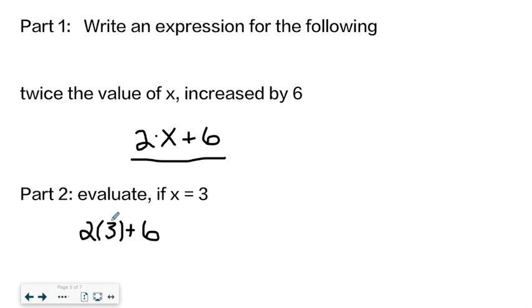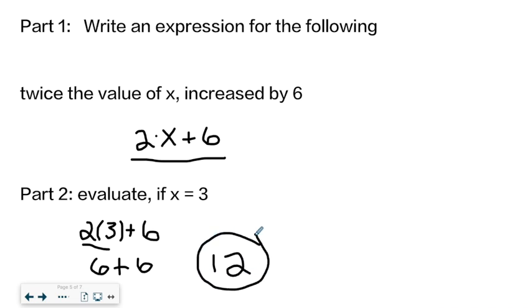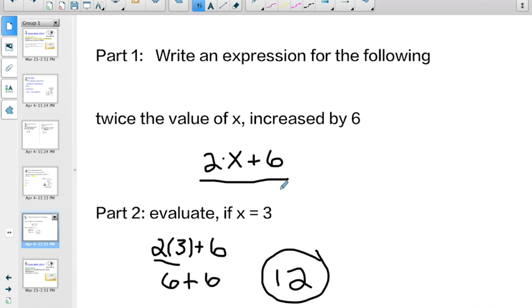Nothing I can do with the parentheses. No exponents. Multiplication is right here, though. So I could do 2 times 3 is 6. And now I have 6 plus 6. And if we follow PEMDAS, we're going to do addition next, and we would get 12 for our answer.